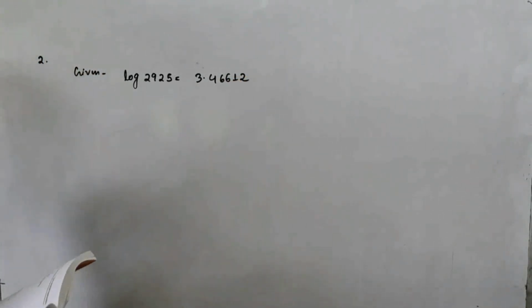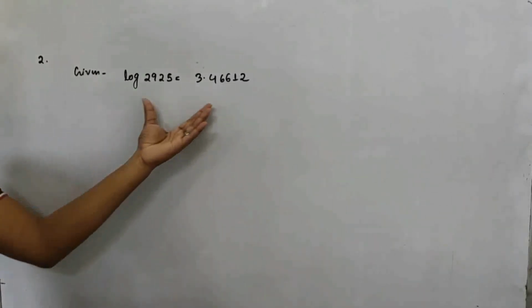Then find the value of log 29.25. So we will use this value, and only the characteristic we will write newly.